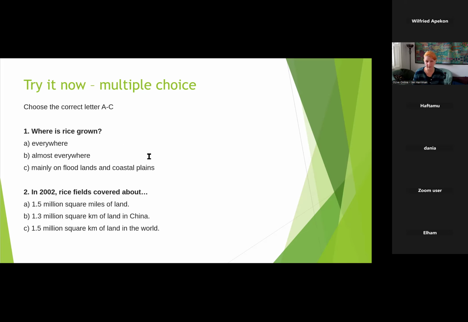Is rice grown everywhere? Is it grown almost everywhere? Or is it mainly grown on floodlands and coastal plains? Very interesting. So we're looking for areas, places where rice grows, where people plant rice.